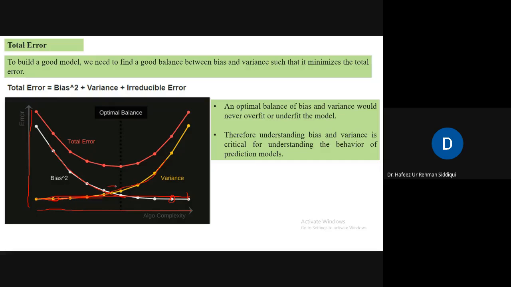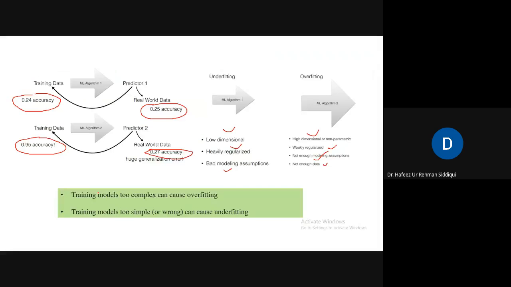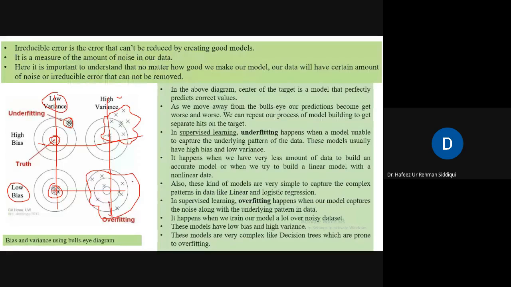So you have to be here in the middle to decrease the errors. You have to follow the bull's-eye diagram: low bias and low variances. With this, you are on the safe side.